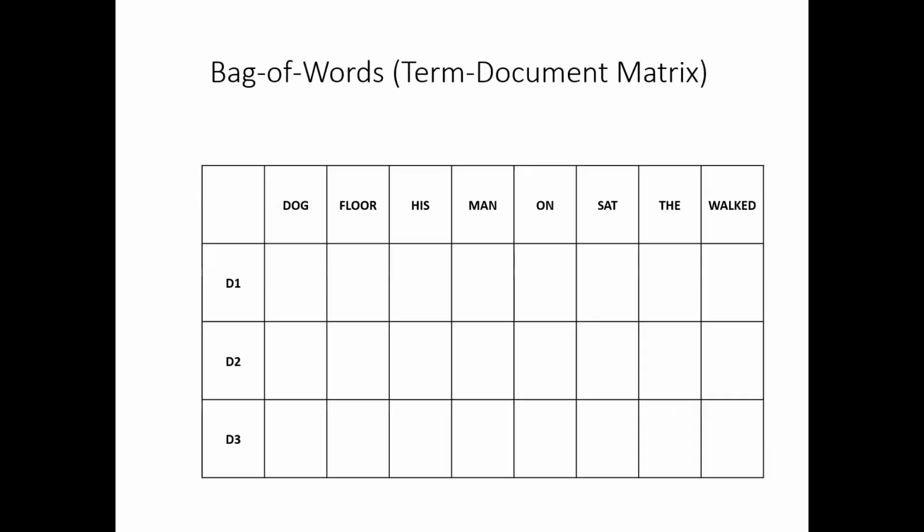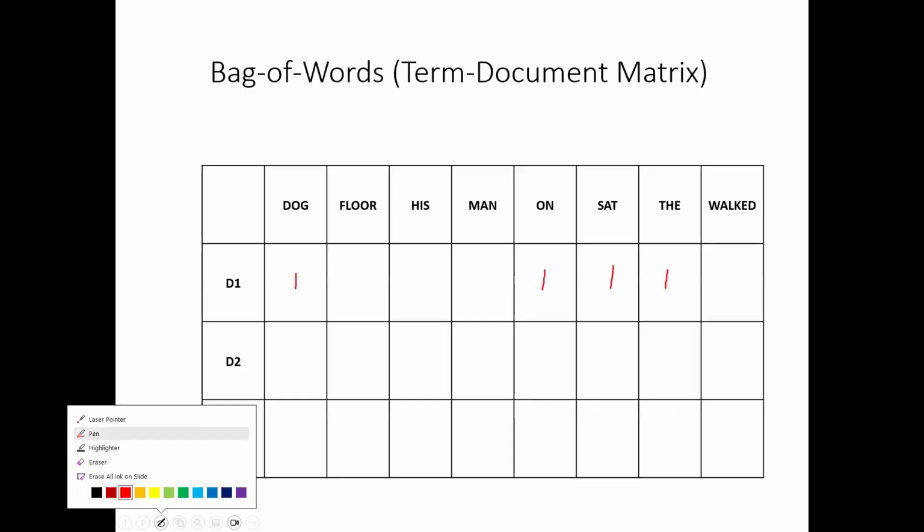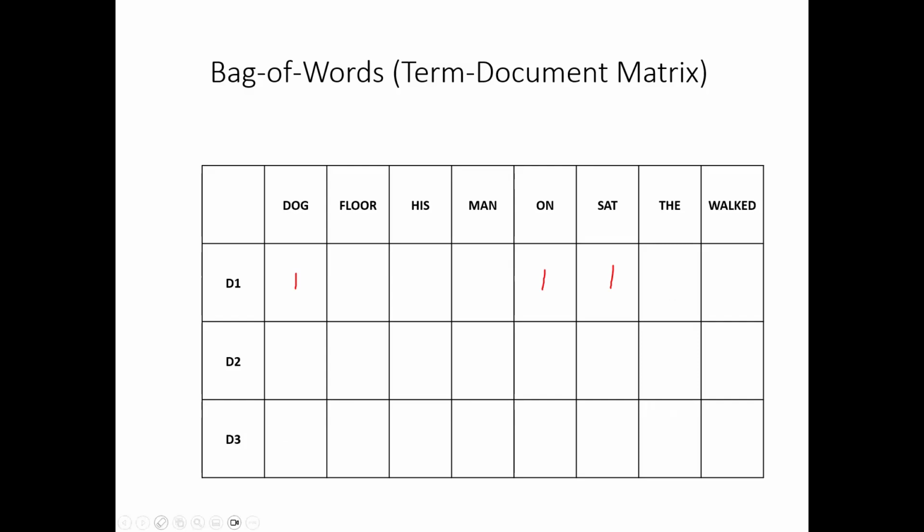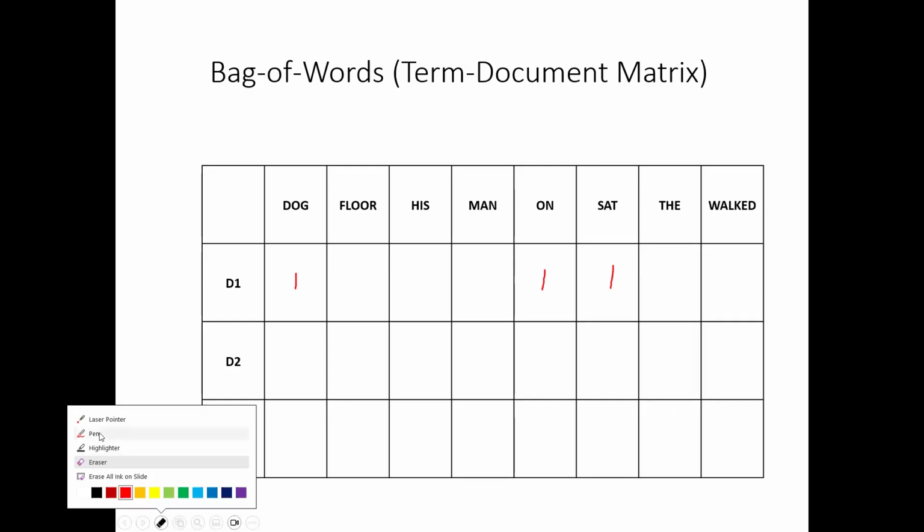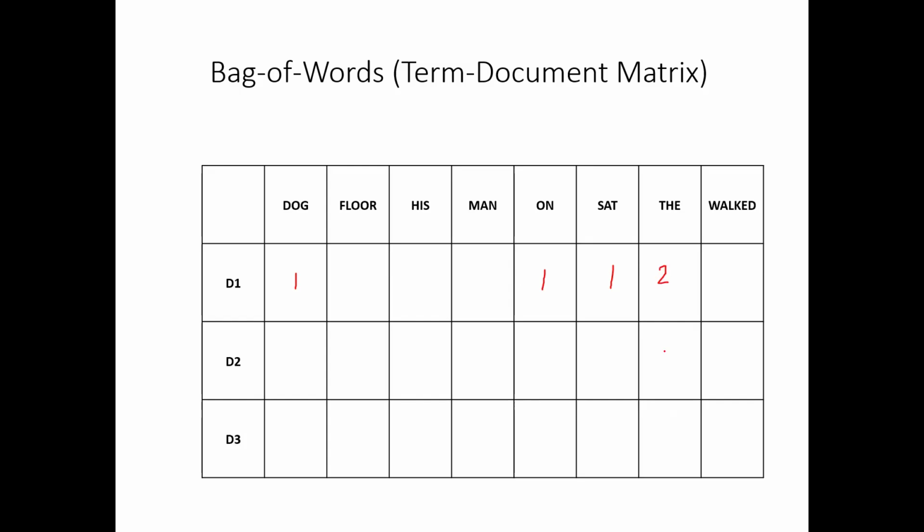You can write down the numbers. The word "the" appears twice, and dog, sat, on, floor each appear once.